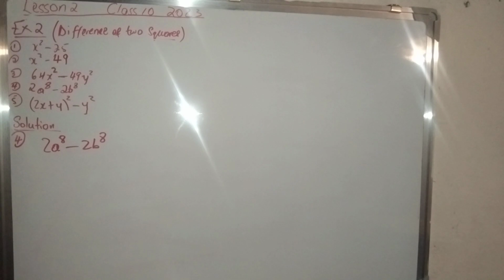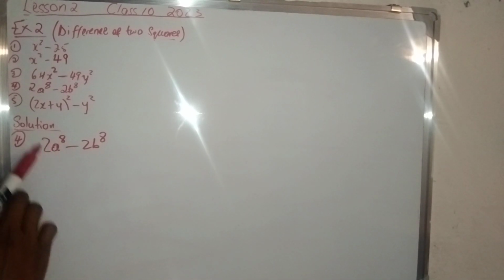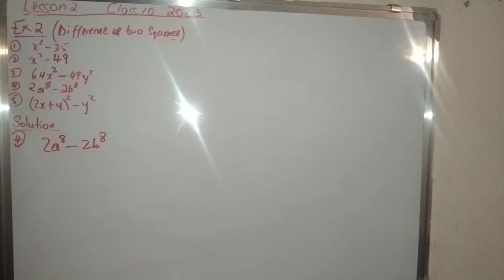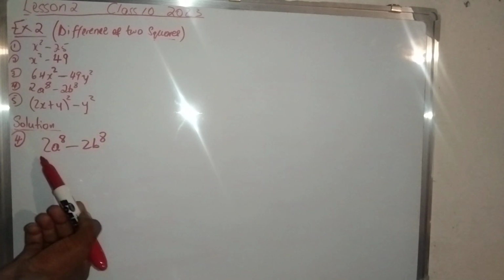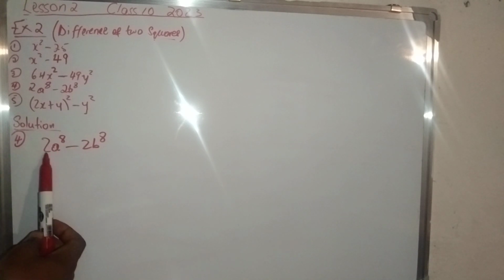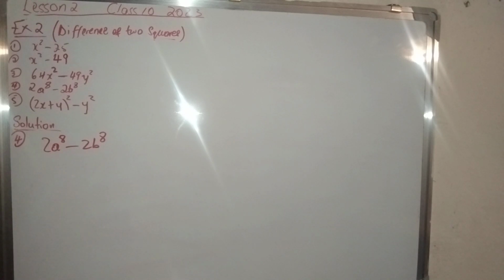Wonderful. Now here, guys, we want to factorize this part, but if you check, in this term there is a 2, and in this term there is also a 2. So we're going to take 2 as the highest common factor first.